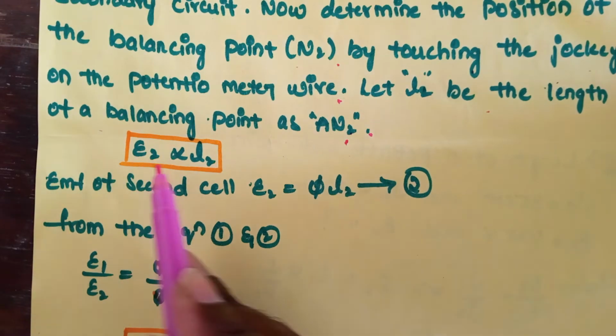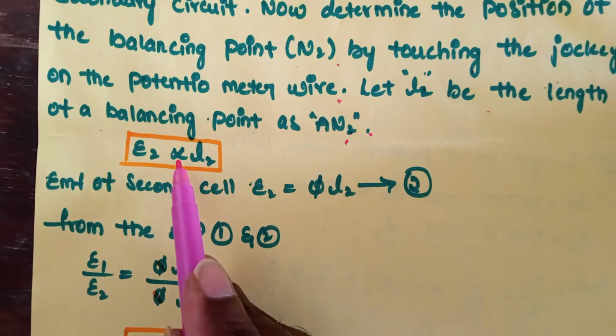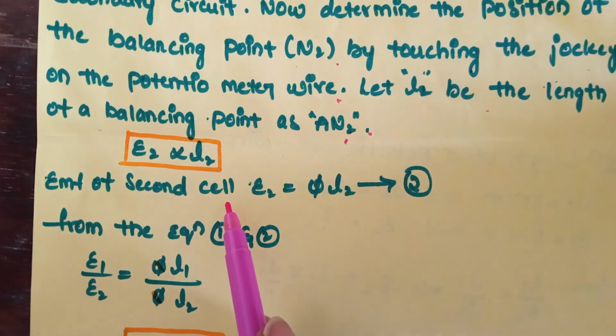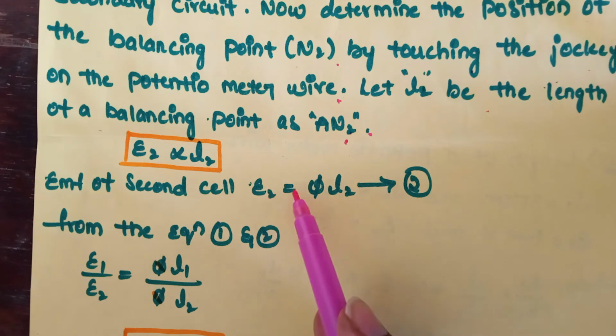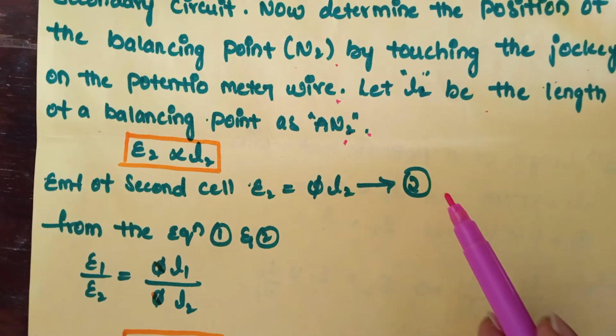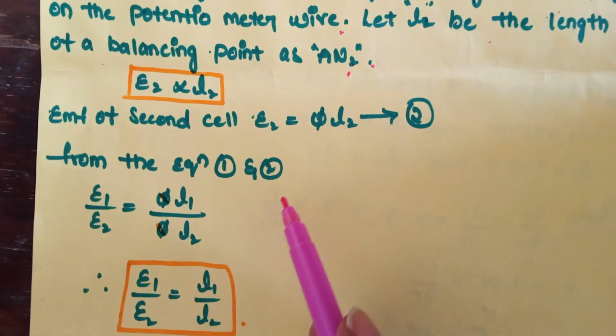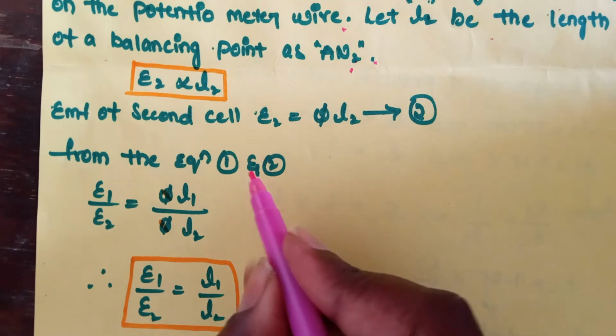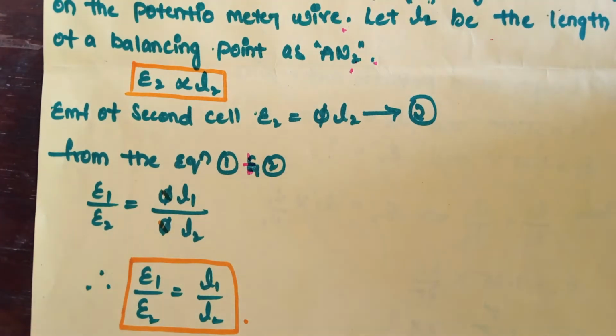So EMF2 is proportional to L2. Removing the proportional symbol, you get the constant, pi. EMF of the second cell, epsilon 2, is equal to pi L2. This is considered as the second equation. From equations 1 and 2, divide the first equation by the second equation.